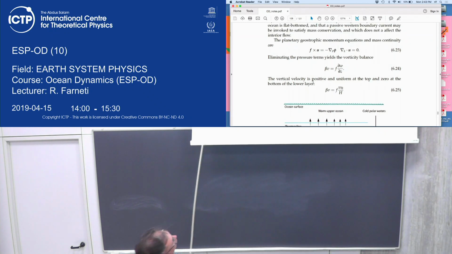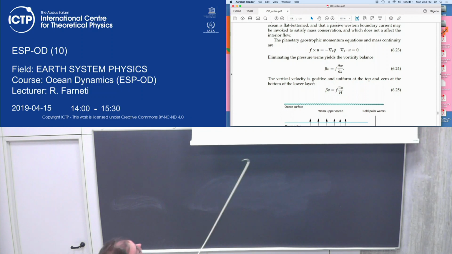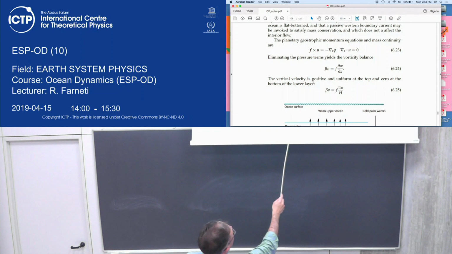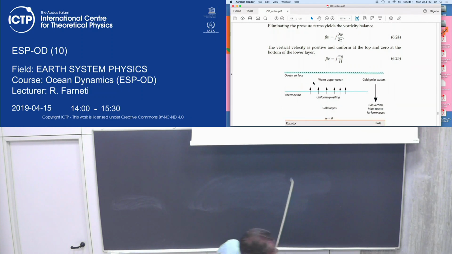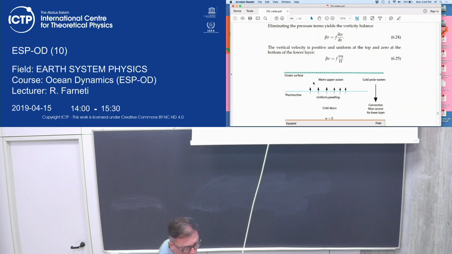So you take the Prandtl momentum equations again. They look like that. You eliminate the pressure terms, and you get the vorticity balance. Okay. So the vertical velocity W is given by this diffusive process, and is uniform because diffusivity is uniform throughout the domain.